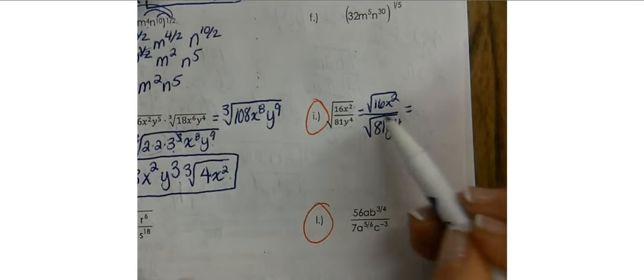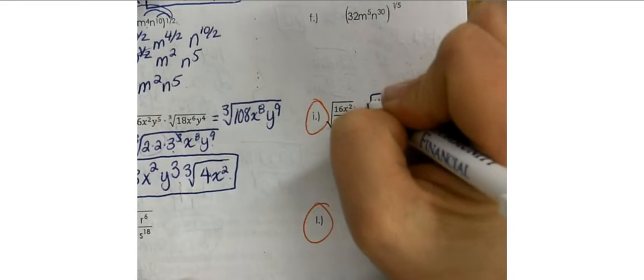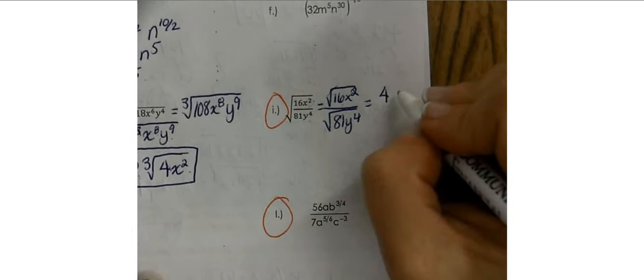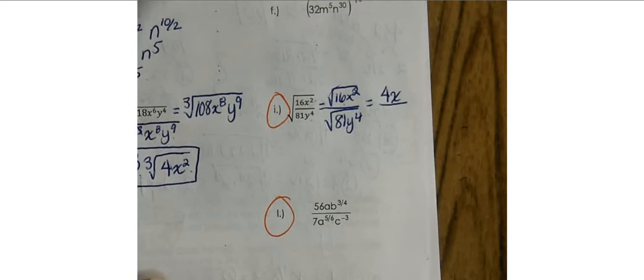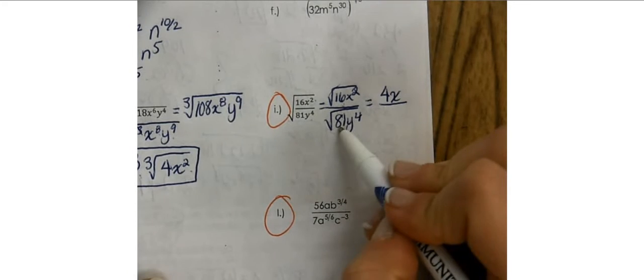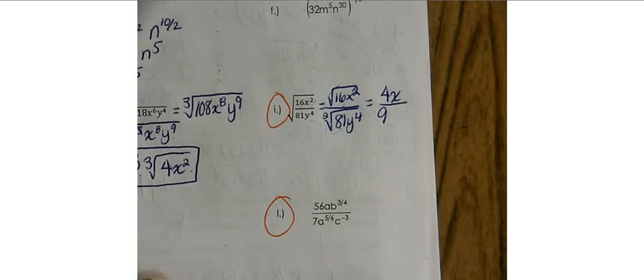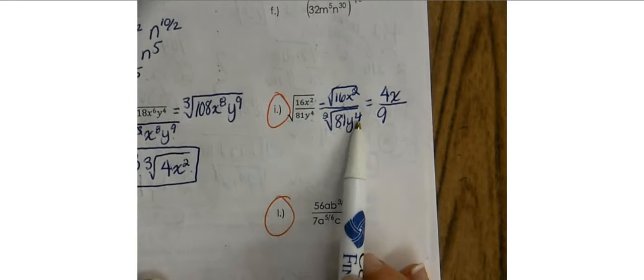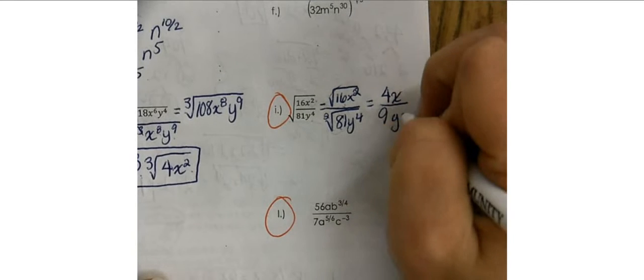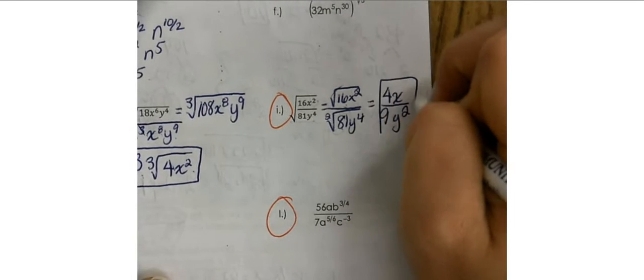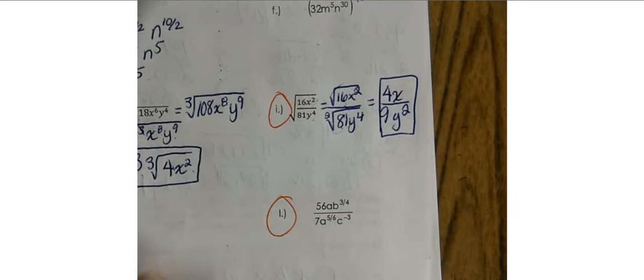The square root of 16 I know is 4. And the square would eliminate the square root when it comes to the x, so I'm left with 4x in the numerator. In my denominator, the square root of 81 is 9. There exists an invisible 2 on the outside, and I know that 2 can go into 4 2 whole times, so that's going to be y squared. So your answer is simply 4x over 9y squared.